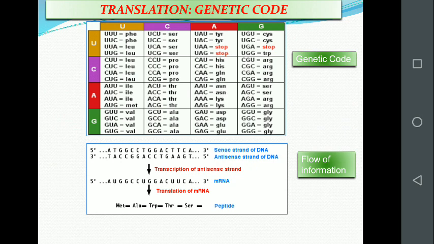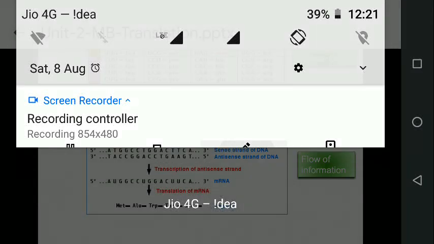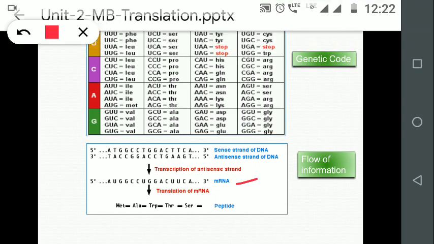In transcription we have already learned how transcription takes place, and from the transcription we get one mRNA molecule. So this is the mRNA molecule.